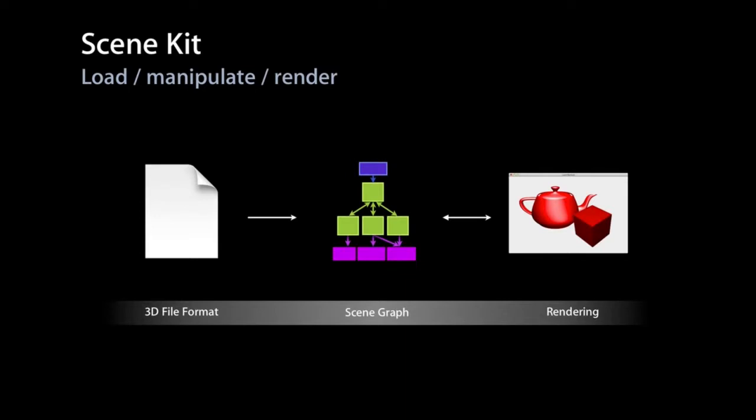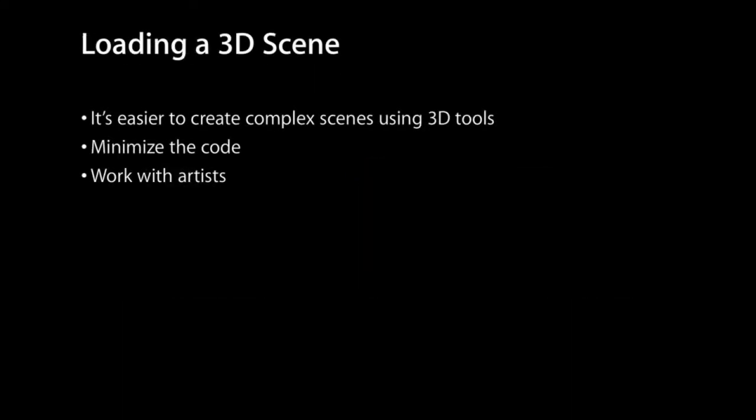So let's focus on the first part for now, loading a 3D file, and see why it's important to work with 3D files. The first reason is because it's easier to create complex scenes using 3D software. I mean, complex geometries or complex trajectories are usually created with dedicated tools.